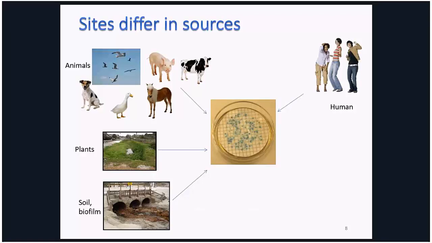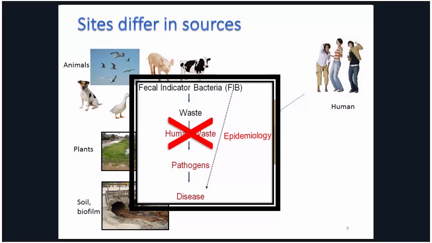Next slide. Because of that, the chain of inference that I showed you earlier breaks down. You cannot infer from FIB to waste to human waste anymore.